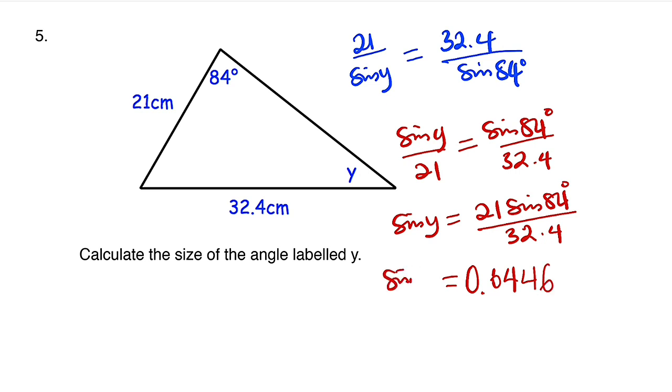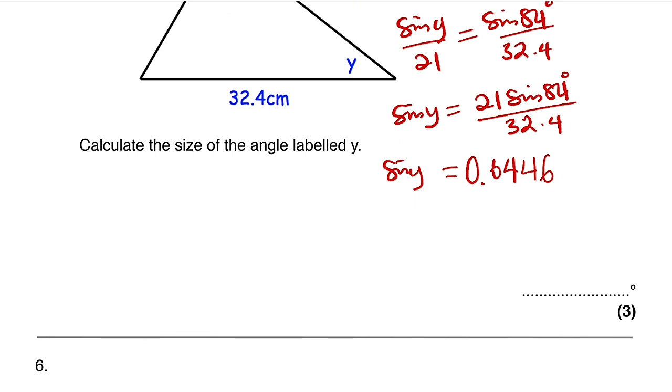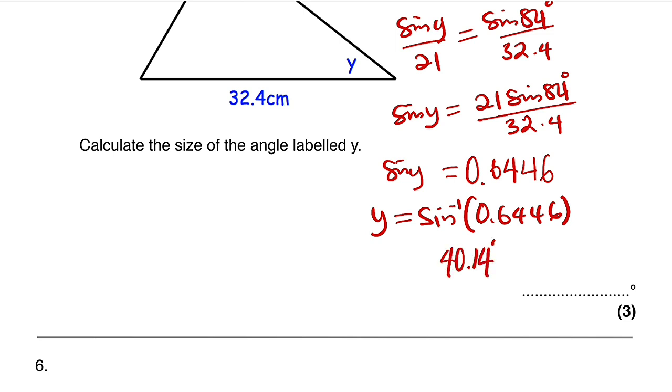This is sine of y, remember? So to find y, you have to take sine inverse of both sides. Sine inverse of the whole of this will give us approximately 40.14 degrees. So this is the value of y that we are looking for.